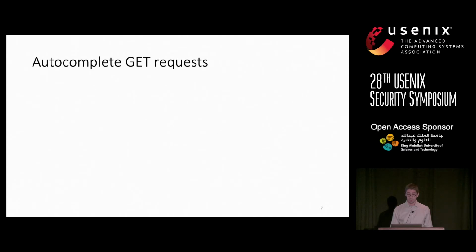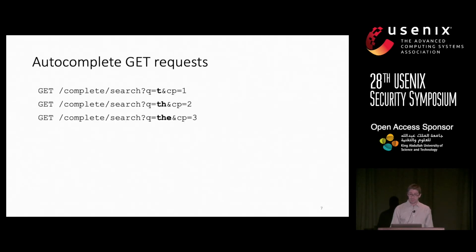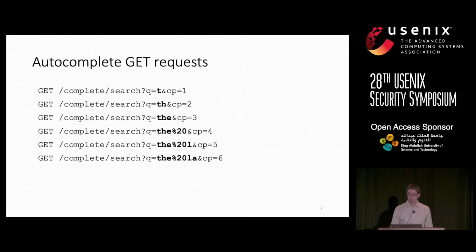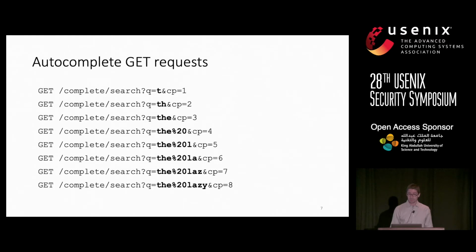First, it would help to look at what's actually in these autocomplete requests. As you're typing your query into the search engine, a GET request is emitted every time you press a key on the keyboard. So as you're building up the query, we have a sequence of GET requests where a single character is appended to the query being built up as you type it out.